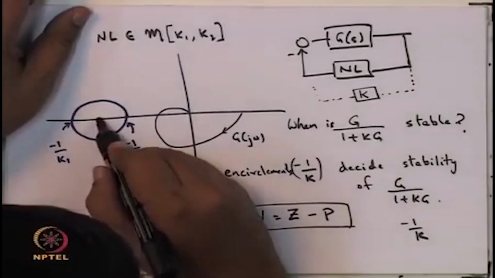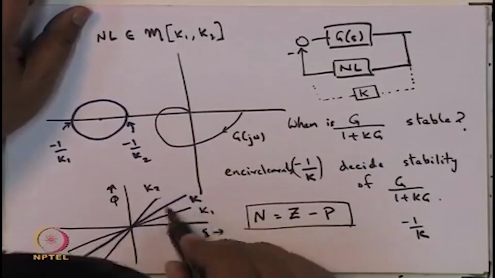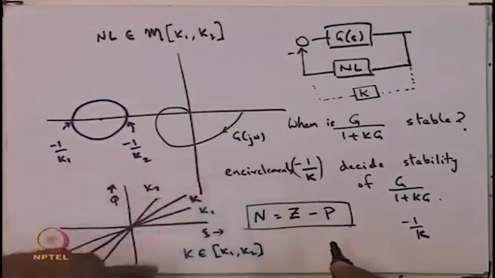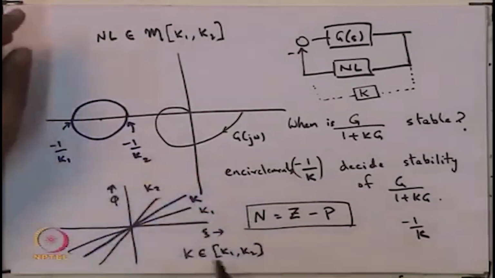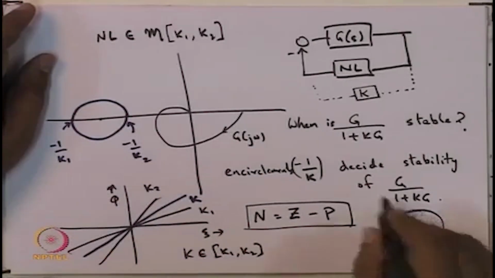g j omega should not encircle the point minus 1 by k. And notice that this minus 1 by k is going to be some point here, because the slope is between k1 and k2. So now if you look at all these linear plants which can lie between k1 and k2, each time you will get some condition for stability.